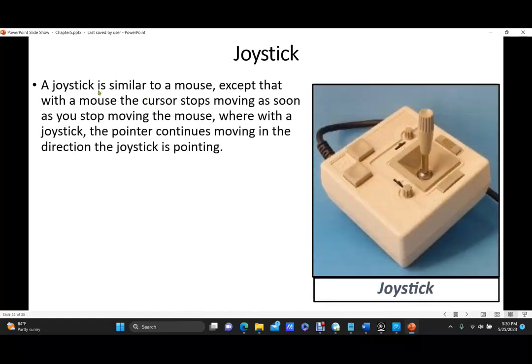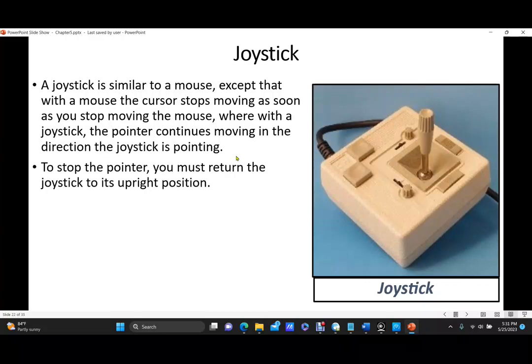Another kind of pointing device is a joystick. It works pretty much like a mouse, except that with a mouse, you stop moving the mouse and the cursor stops moving. With a joystick, the pointer just keeps moving as long as the joystick is pointing. To stop the pointer, you have to return the joystick to the upright position.